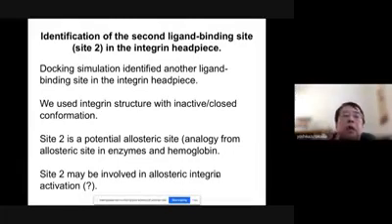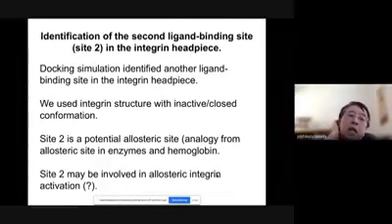And then at one time, I used the inactive form of integrins just for fun. Then what I found is that in this inactive form of integrin, the chemokine fractalkine binds to a different site of integrin. So this is kind of a second binding site.